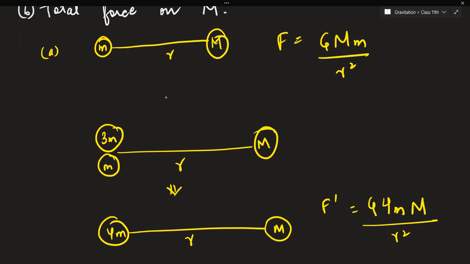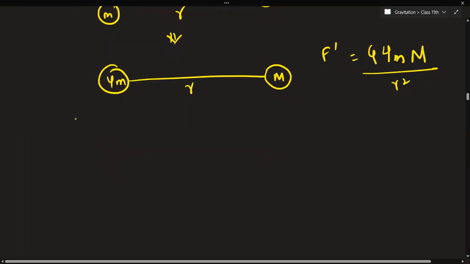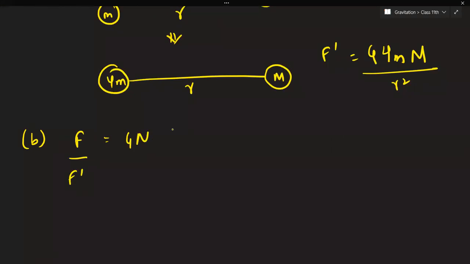Now for the total force, just take the ratio of these two forces, F by F prime. So F was G capital M small m by R square, and F dash is G 4 small m capital M by R square.